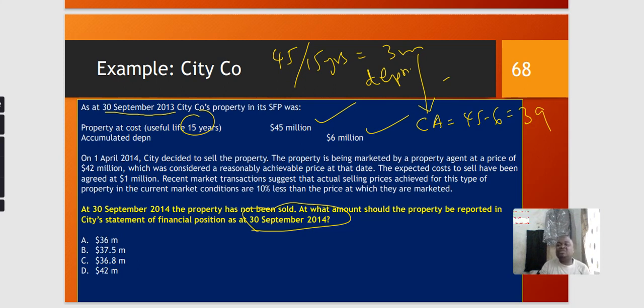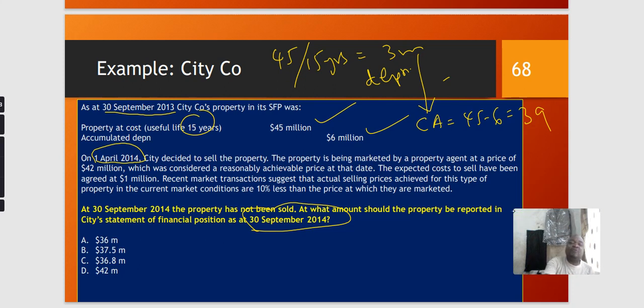At what amount should the property be reported in Citco's statement of financial position as at 30 September 2014? That is the reporting date. But let us see when they determined that this asset is now to be classified as held for sale. That was on 1 April 2014. That's when they decided to sell the property.